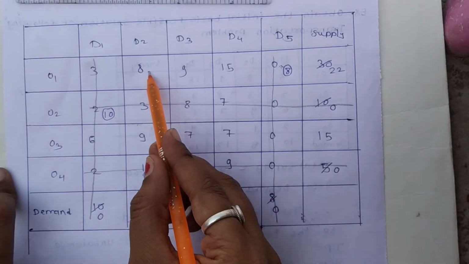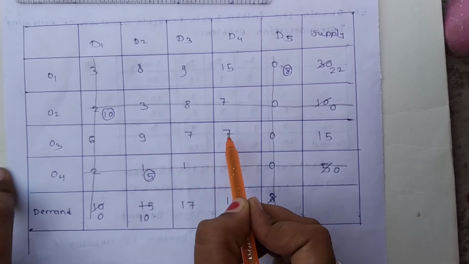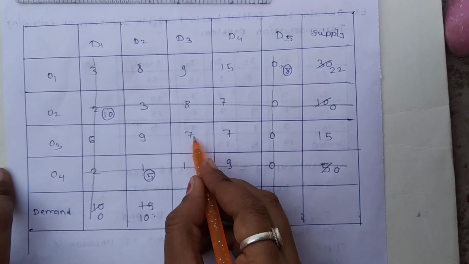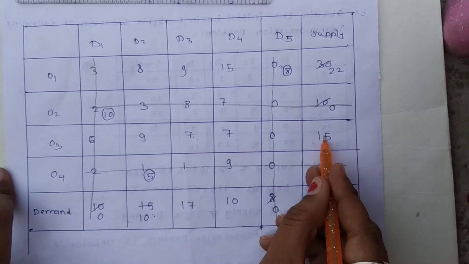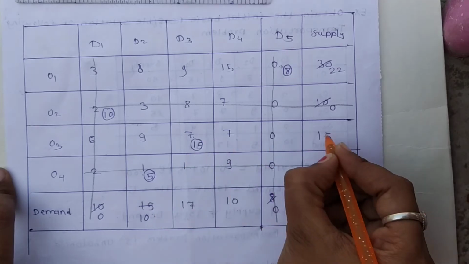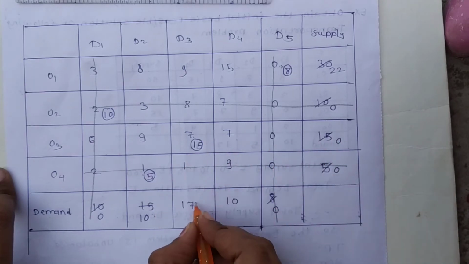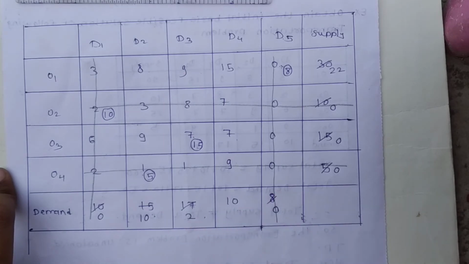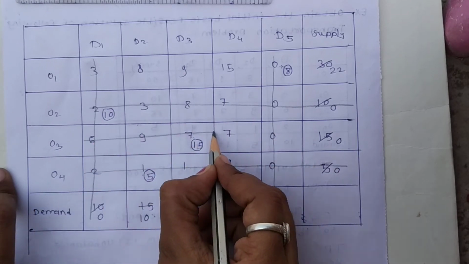Now the remaining costs are 8, 9, 15, 9, 7, 7. Minimum is 7, so for 7, demand is 17 and supply is 15. Minimum is 15. 15 minus 15 is 0, 17 minus 15 is 2. This row gets cancelled.